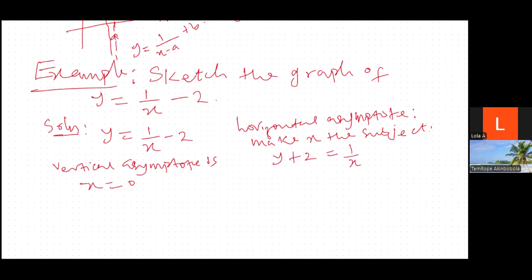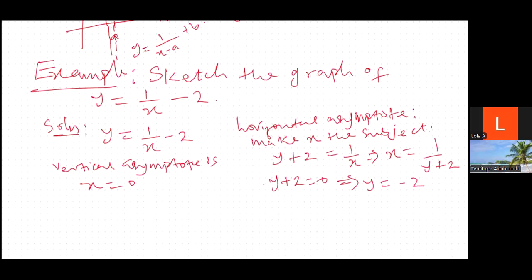If you take 2 to the other side, it will be y plus 2. Then rearrange it, so that will be x equals 1 over y plus 2. So the expression on the right-hand side will be undefined when y plus 2 is 0, and that implies that y equals minus 2. So the horizontal asymptote is when y is minus 2.